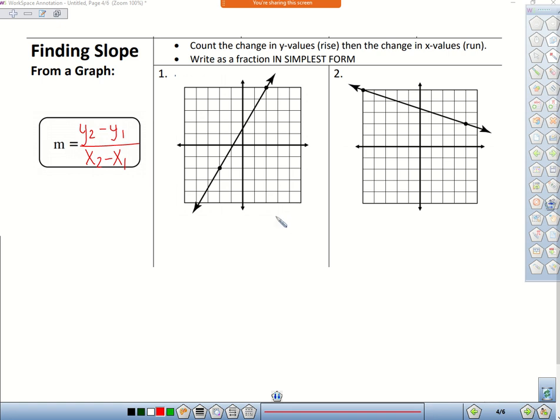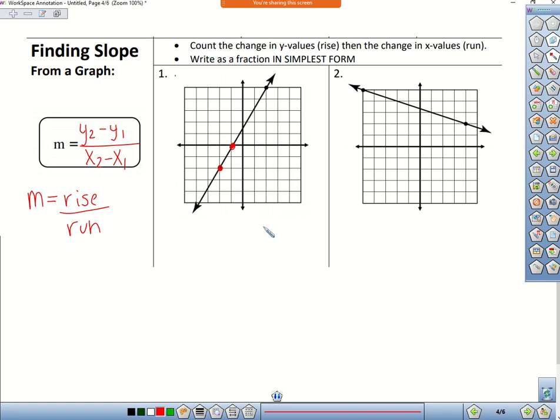We're going to find the slope. So how you find the slope is you take 2 points on the line. You can take any 2 points on the line. So I'm going to pick these two right here. And you figure out what the rate of change is. So slope is known as rise over run. So you also can see it written as m equals rise over run. So I'm going to write that as well.